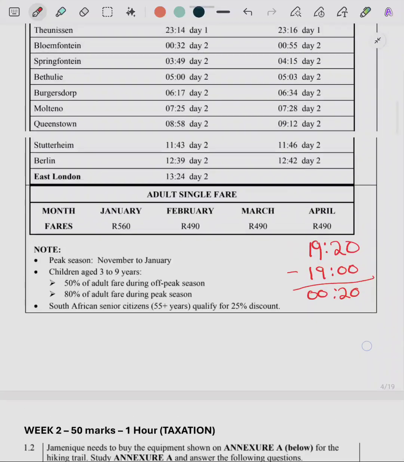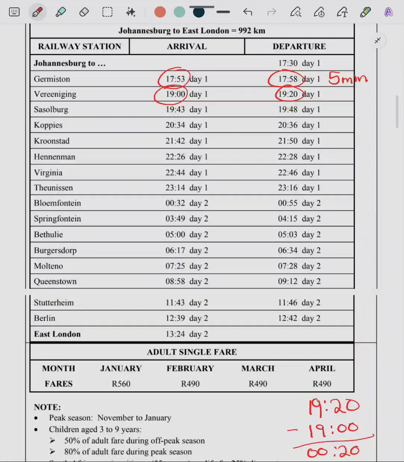Okay. So for each of these, the times are not great differences, so you shouldn't really need to do full calculations for them. So we've got 20 minutes. I'm going from 43 to 48, that's 5 minutes. I'm just going down the same way, seeing what is the difference between the later and the earlier time. I got 28 and 26, so that's 2.